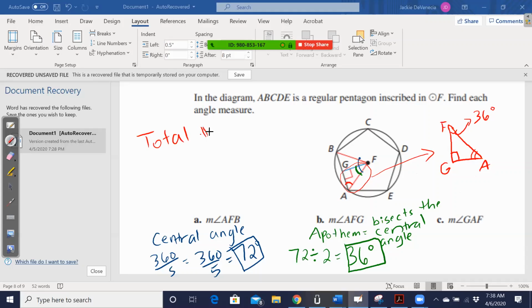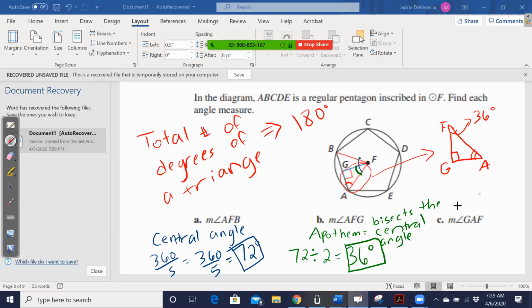Total number of degrees of a triangle, and this goes for any type of triangle. A right triangle, scalene, isosceles, they're all going to have 180 degrees. Okay? So I'm going to use this fact to help me find what this angle is.